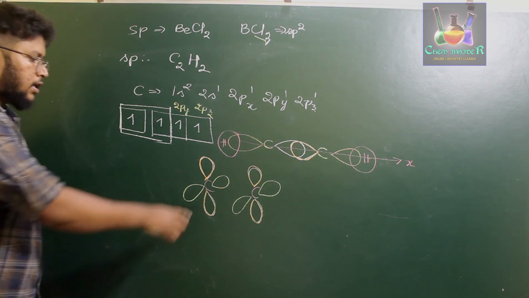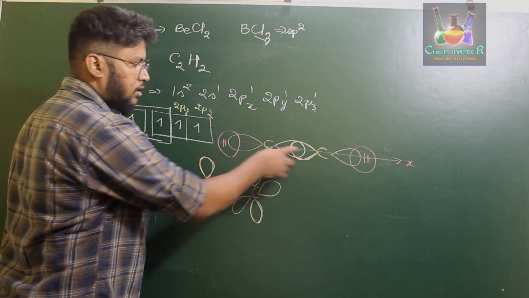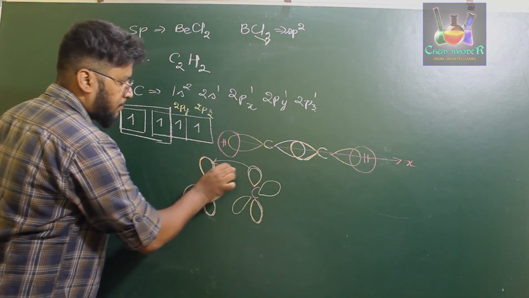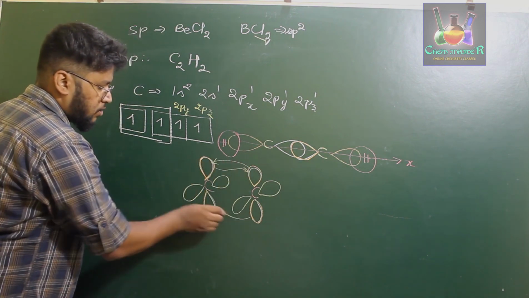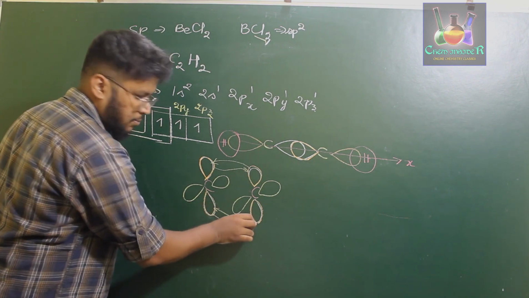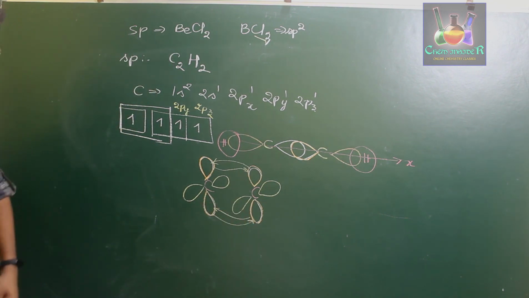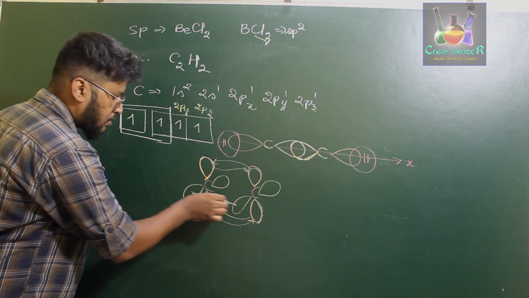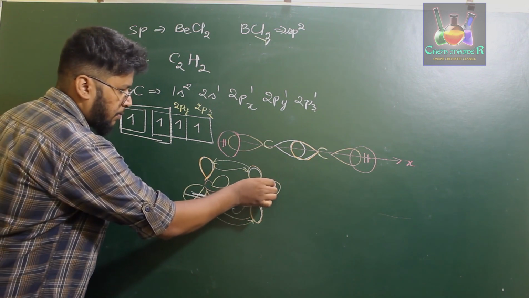So now the carbon and carbon in this molecule undergo 2 types of sideways overlapping. One is the sideways overlapping of the pz orbital, and the other is the sideways overlapping of the py orbital.